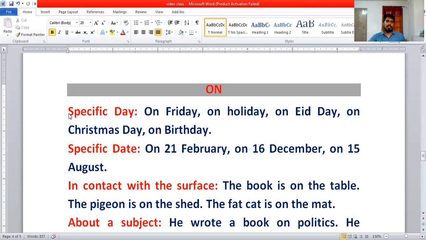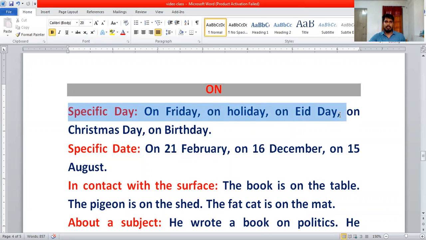Dear learners, here on the screen, you can see that preposition on is used to suggest a specific day, as on Friday, on holiday, on Eid day, on Christmas day, on birthday.